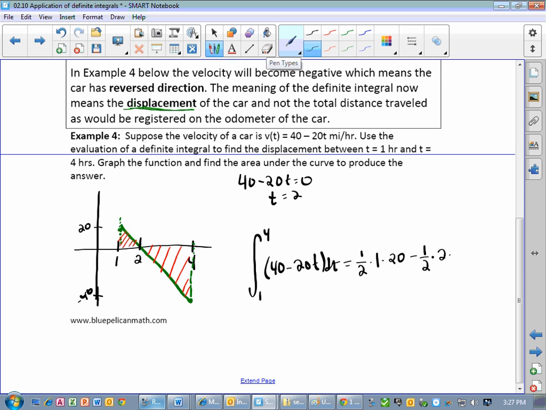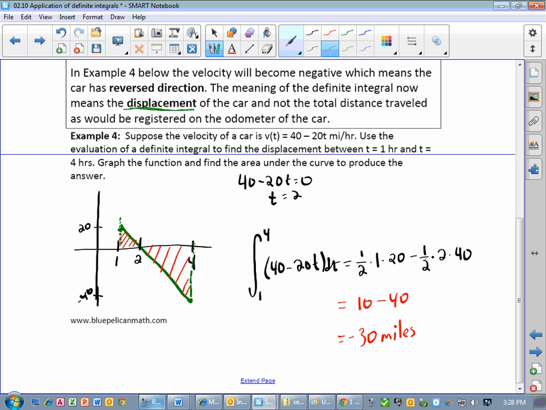Sorry about that. So 1/2 times 2 times, and then our height of the second triangle is 40. Right? So we've got our 10, which we already had, minus half of 2 is 1 times 40, so we get 40. So we have negative 30 miles.